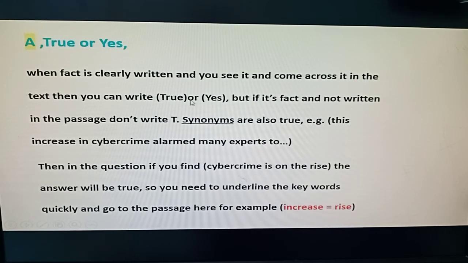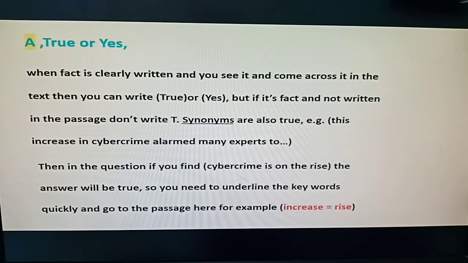Is it clear? When to write true or yes? When the fact that is mentioned in the question is clearly written in the text and you see it or you come across it. In this case, the answer should be true.